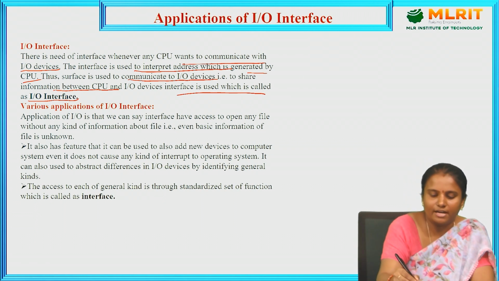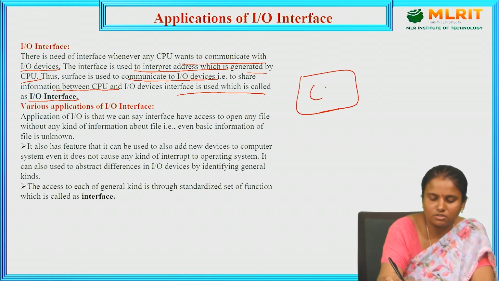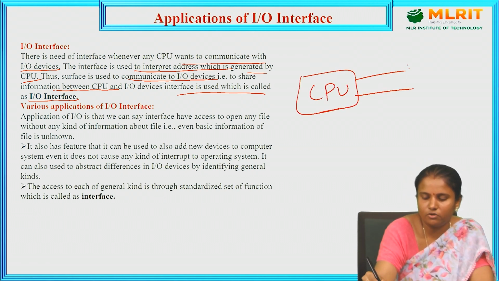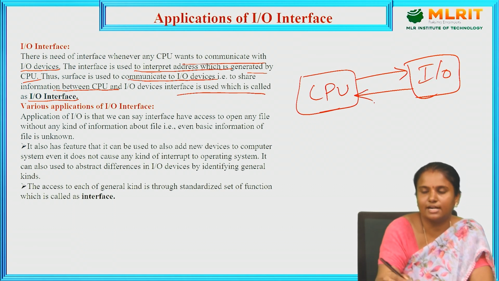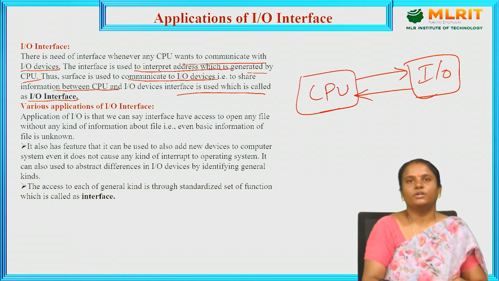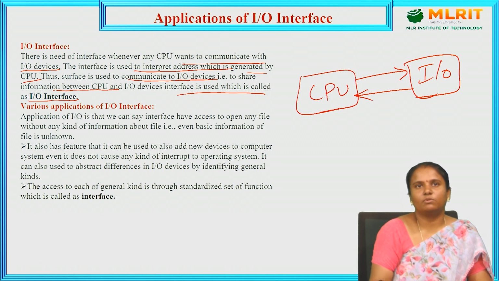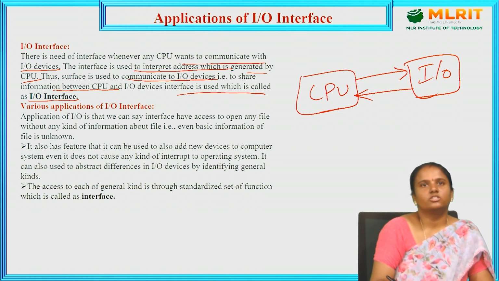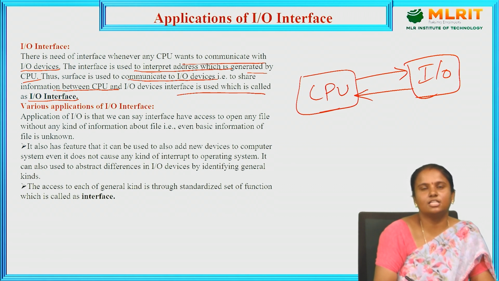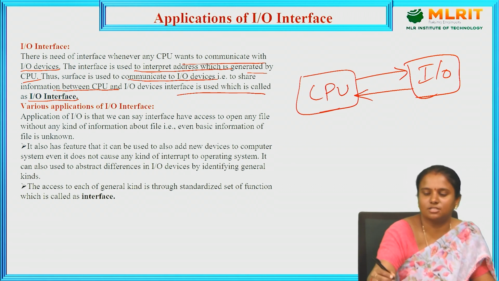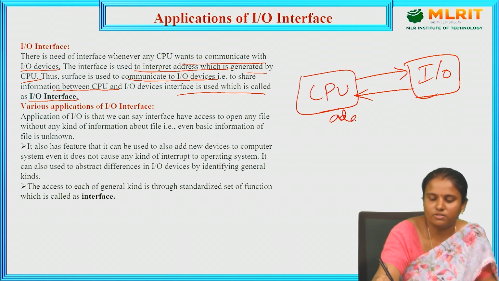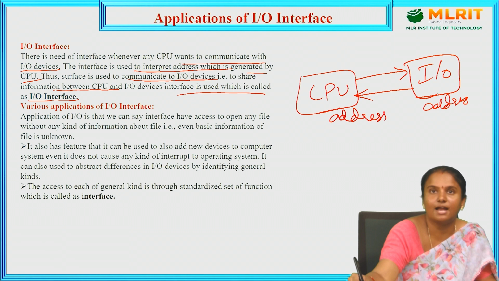Whatever you are communicating between the CPU and the input-output devices goes through the interface, sending and receiving. The interface is used to interpret addresses. The CPU has some addresses, and the input-output devices also have some addresses.